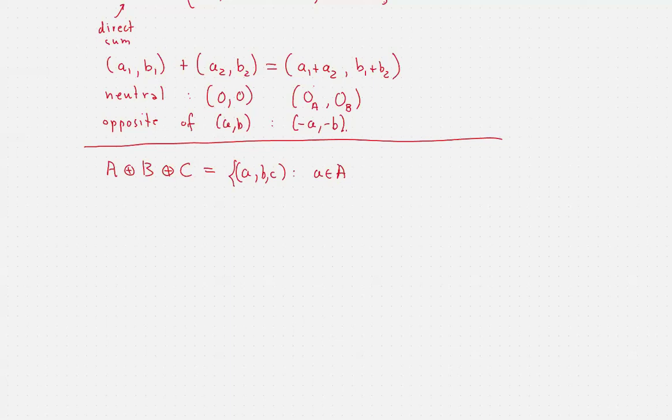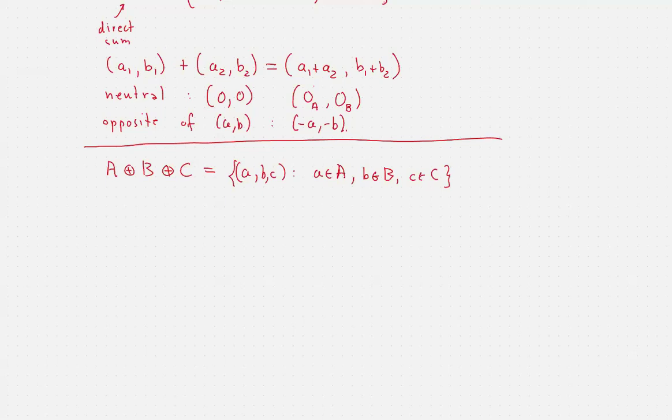And of course, if we can do it for 3, we can do it for any finite number. Somebody might ask here, how about infinitely many groups? It can be done even in that case, but there are some interesting distinctions that one makes in such a case. And plus, we don't need any of these things in our study, so we're not going to go over to infinitely many components.